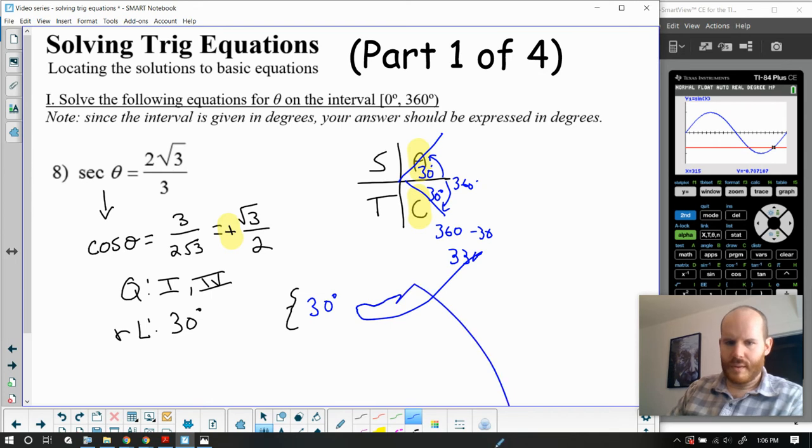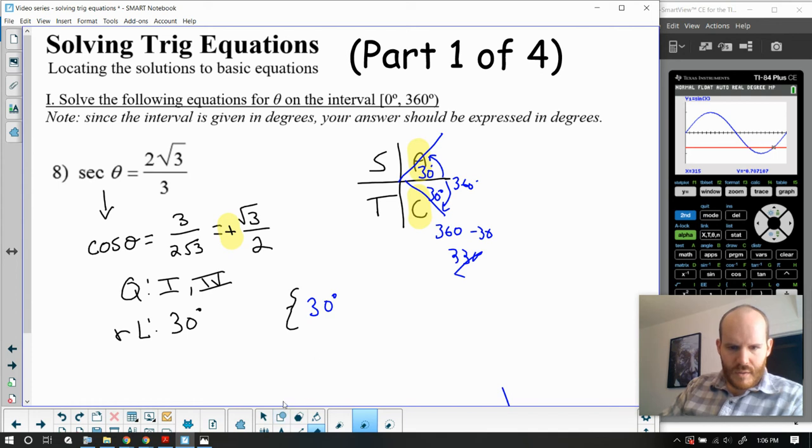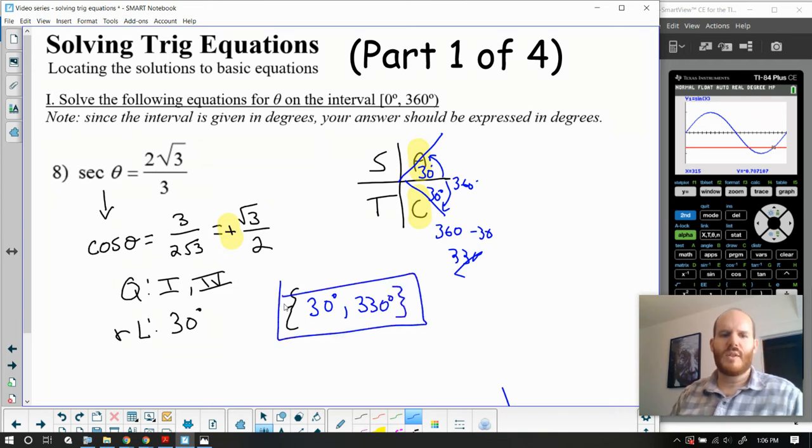So my second solution is 330 degrees. Okay, so there are my two solutions for this question.